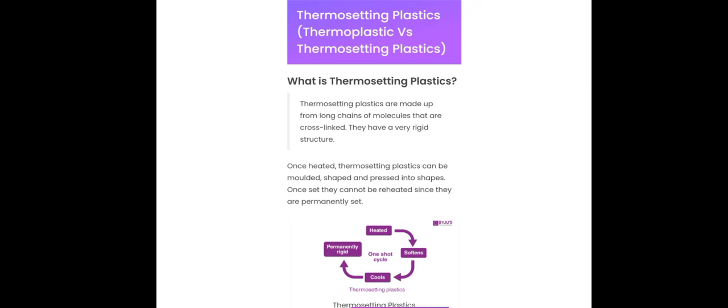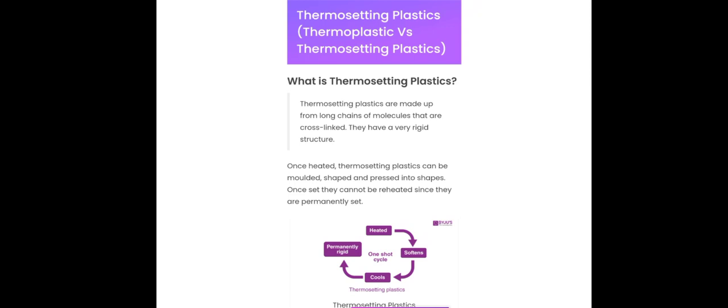So coming to the second important point related to thermoplastics. Thermoplastics are the plastics which have weak secondary van der Waals forces of attraction present between the two long linear chain polymers.